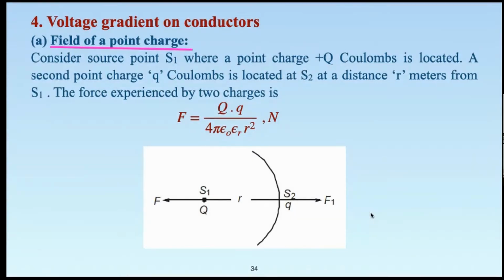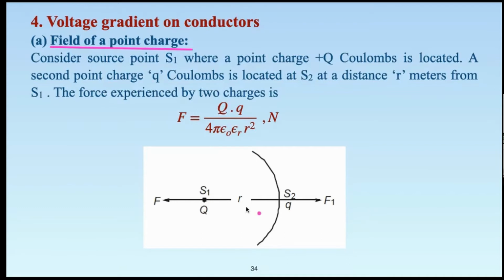Consider a source point S1 where a point charge of capital Q coulombs is located. A second point charge of small q coulombs is located at S2, which is at a distance of r meters from S1. So how to express the force?